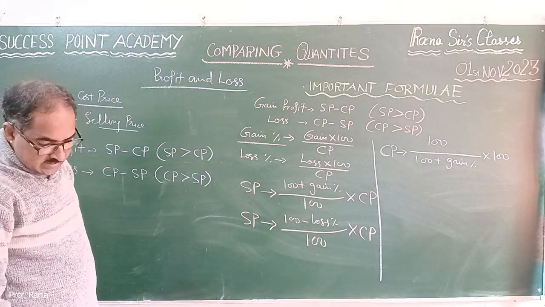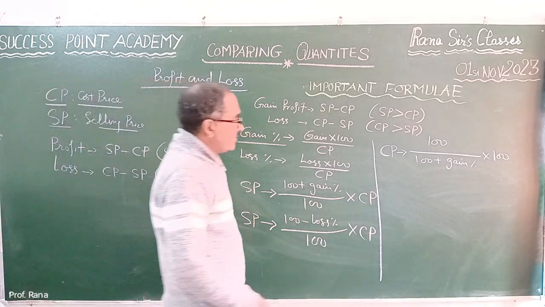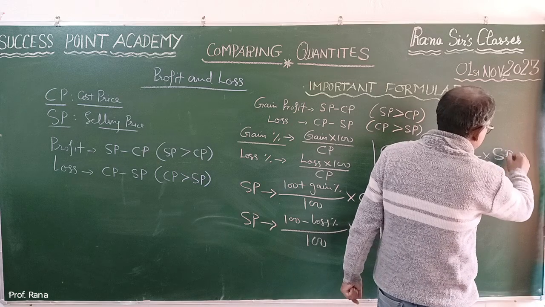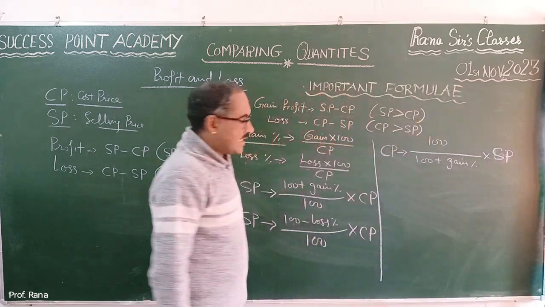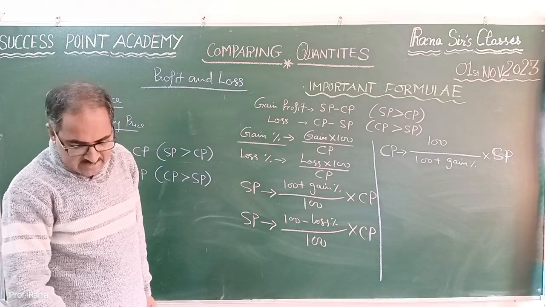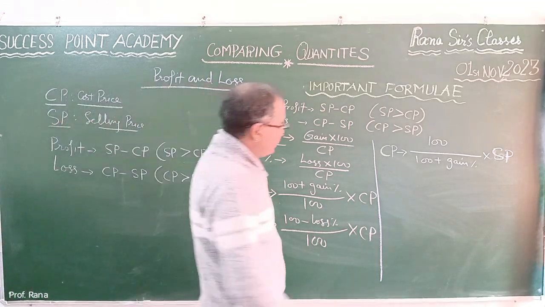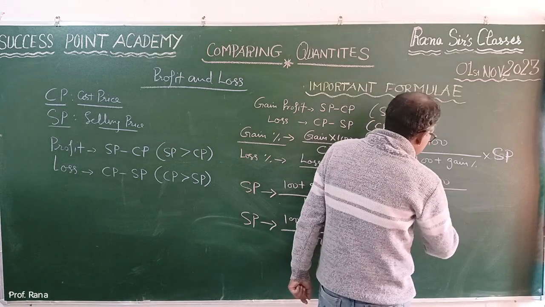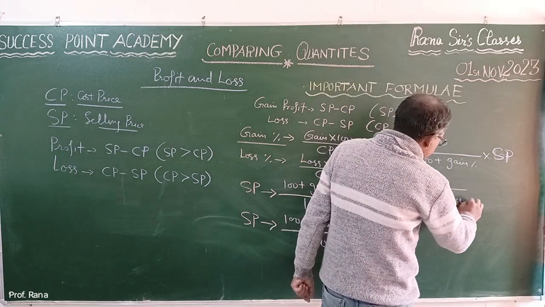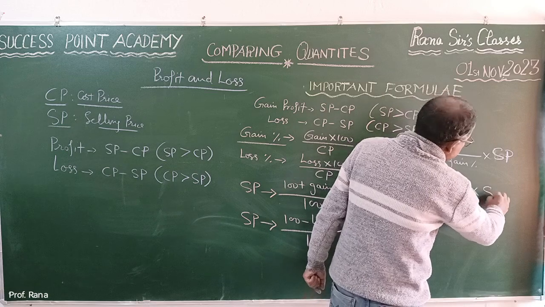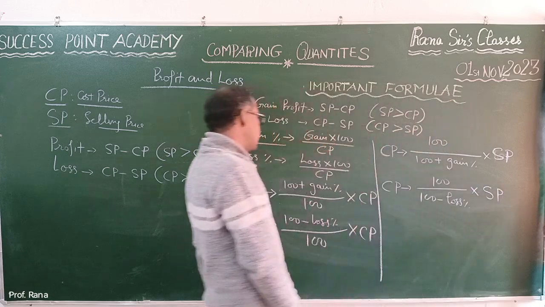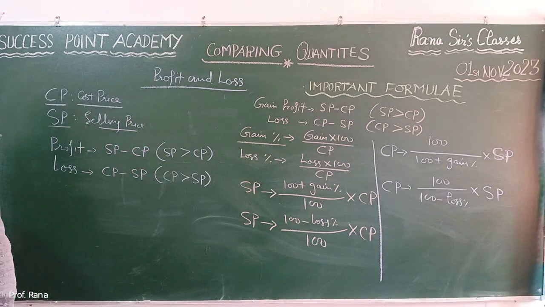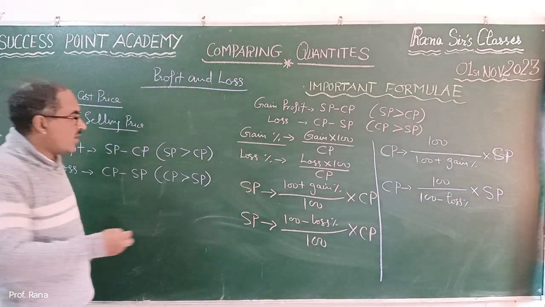This formula will be applied. And here it will be the selling price, SP. Next, if loss percentage and selling price are given, then cost price will be 100 upon 100 minus loss percentage into selling price. So you have to note it carefully how you will calculate in certain conditions.